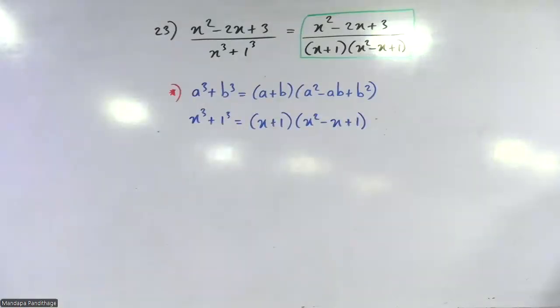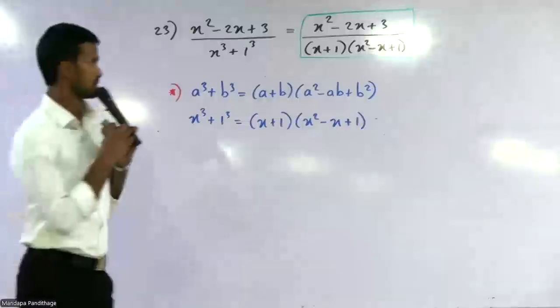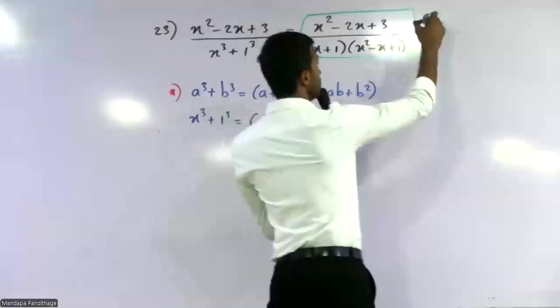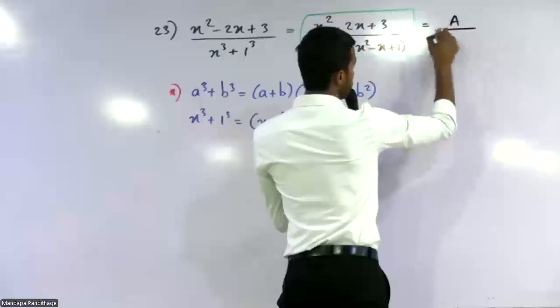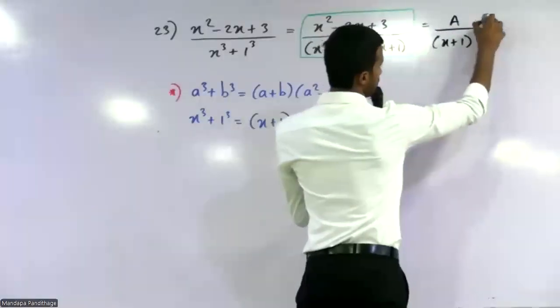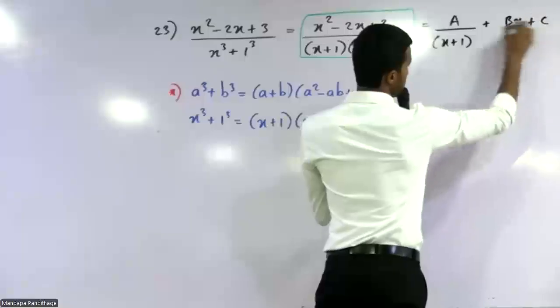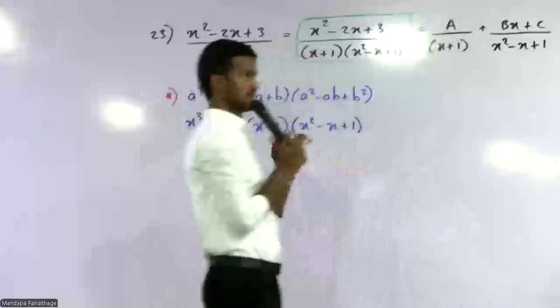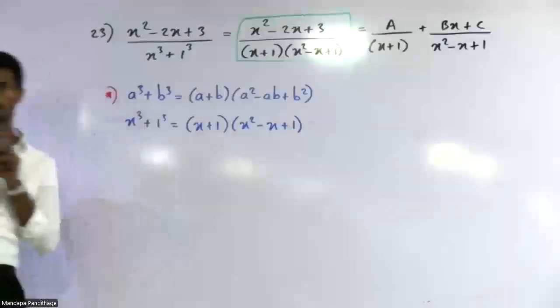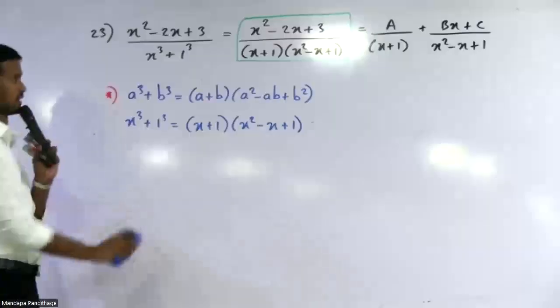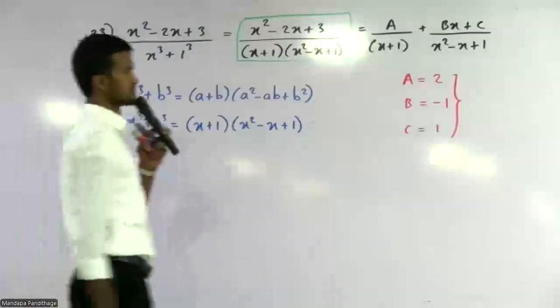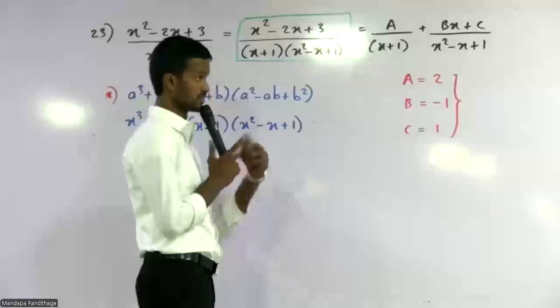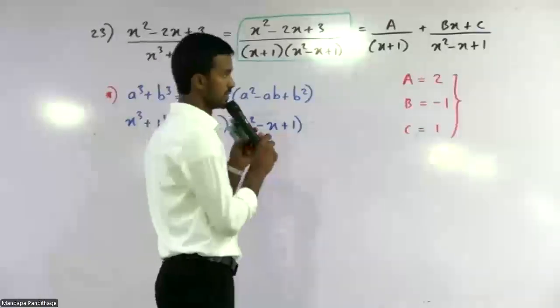I won't be simplifying this, so I'll be getting the answers from you. Do it properly, get the final answers. Find the values of A, B, and C. I'll take A over x plus 1, plus bx plus c over x squared minus x plus 1. Simplify and get A, B, and C. You're supposed to get A is equal to 2, B is equal to minus 1, and C is equal to 1.